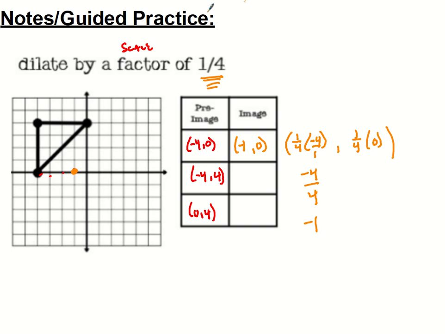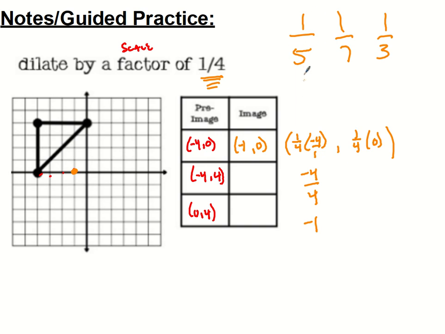Now a nice little trick is whenever you multiply by 1 over anything, let's say 1/5, or 1/3 or 1/7, multiplying by 1/5 is the same thing as dividing by 5. I'm sorry, I think I said that wrong.